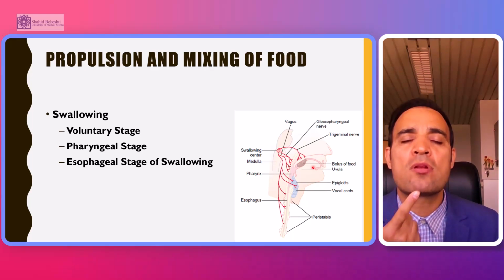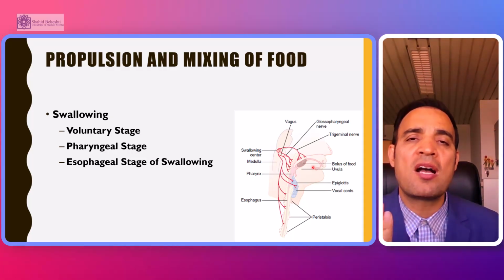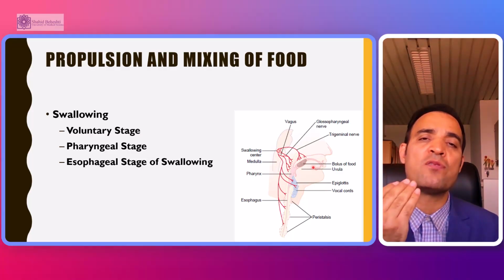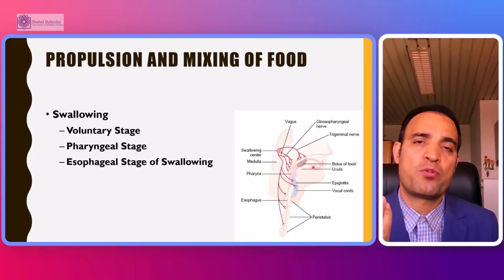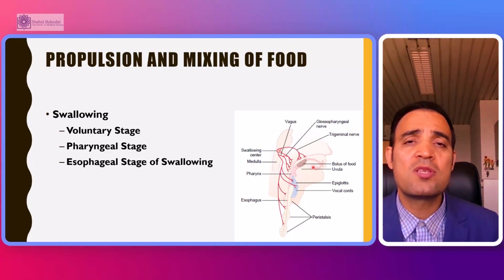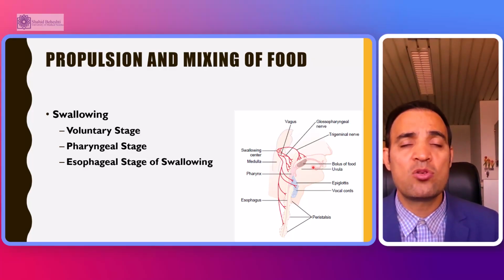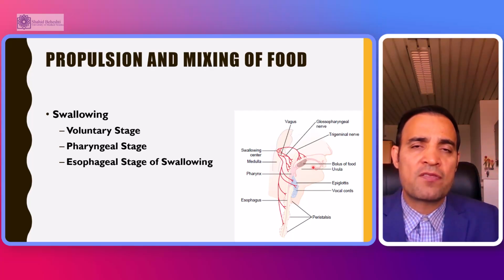We put our tongue on the top area of our mouth, and contraction of the tongue will generate a pressure behind the piece of food, and this will be pushed into the pharyngeal area. As I told you before about swallowing, this voluntary stage is under the control of several areas of the brain.